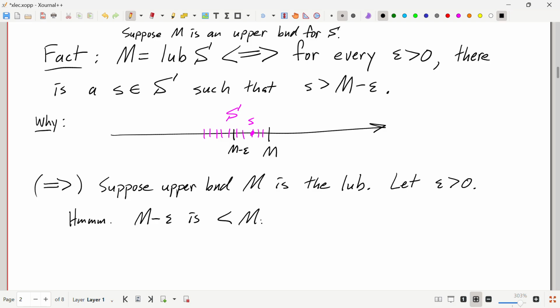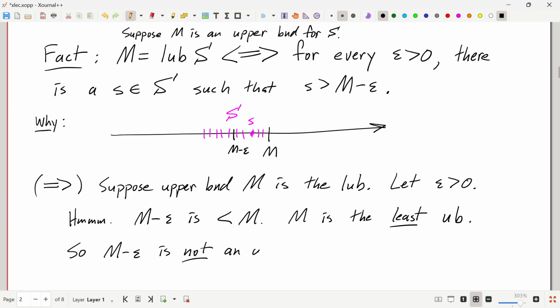M is the least upper bound. So what does that mean? M minus epsilon is not an upper bound. Well, if you're not an upper bound, that means it's not the case that you're bigger than or equal to s for all s.